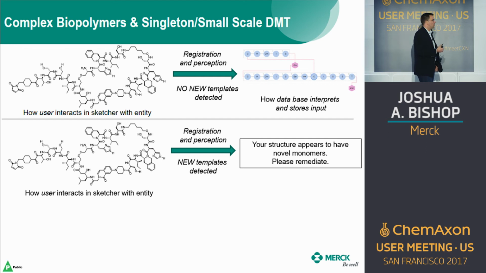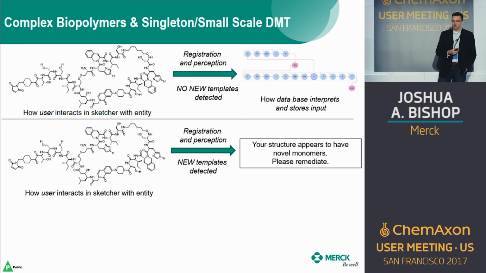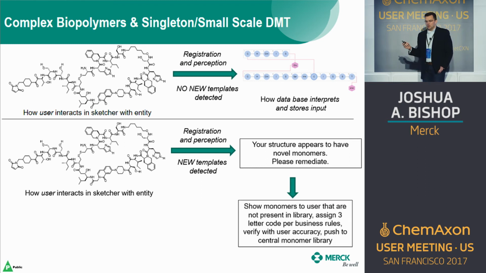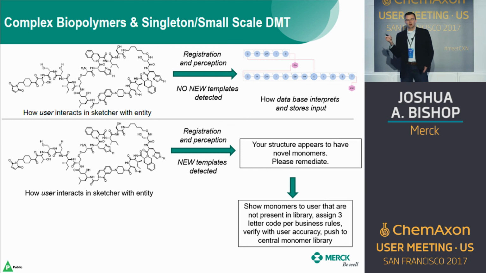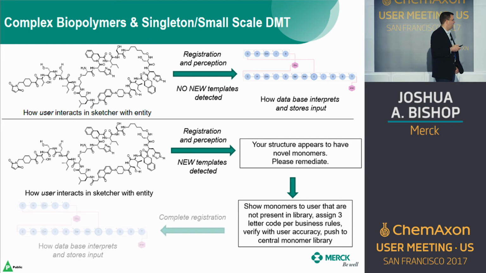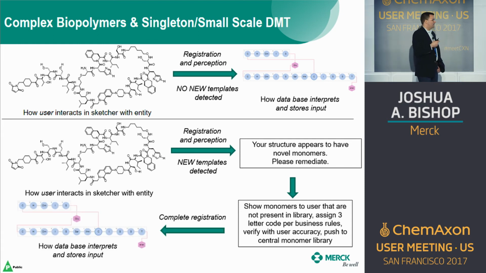We want to simply notify them that the Helm monomer library that we're using does not contain those monomers. Review which monomers are not present in the library, assign a 3-letter code per our business rules, verify with the user for accuracy, and push that to the central monomer library. And then again, complete that registration, and that's how your database interprets and stores that input.